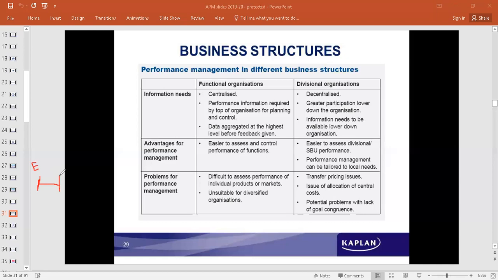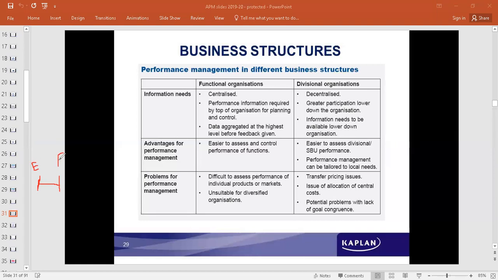Still, the manager or the management is ultimately in control of the management of the organization. Everything is under their control, but some kind of grouping of the activities is done based on the functions. Maybe all production activities are grouped as production function, administration function, selling, distribution, etc. Okay, so then we call this a functional organization.